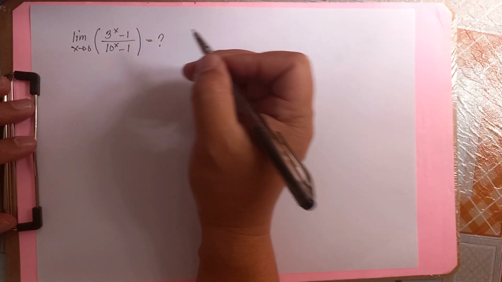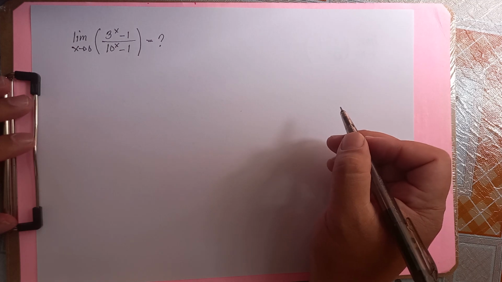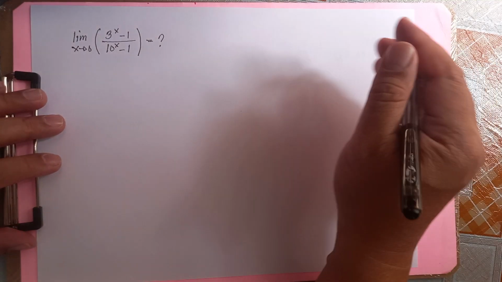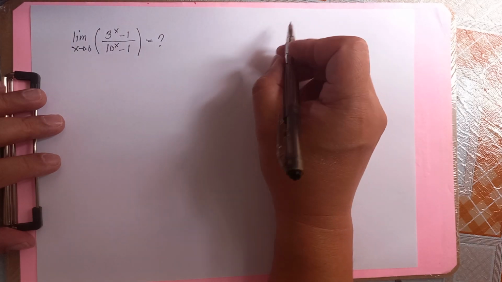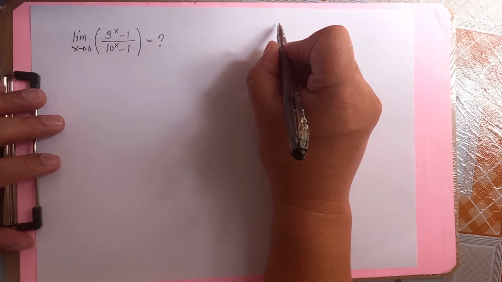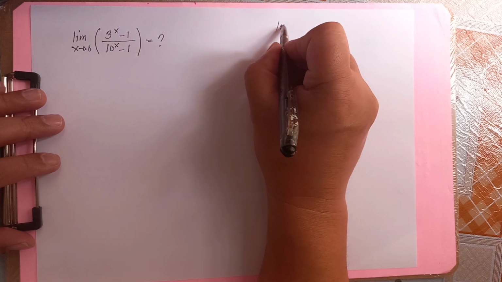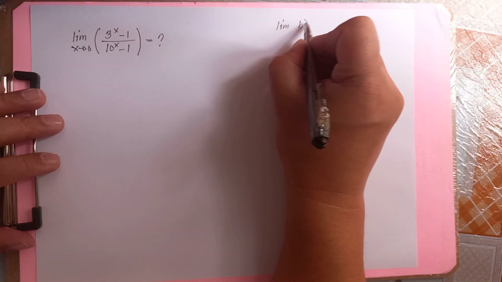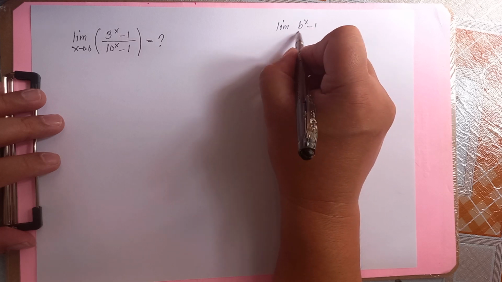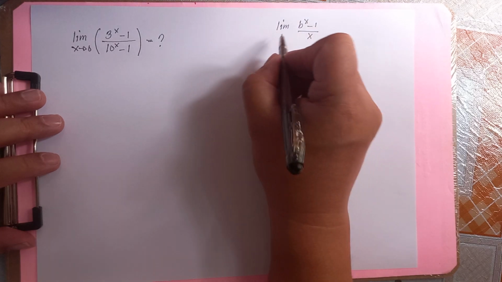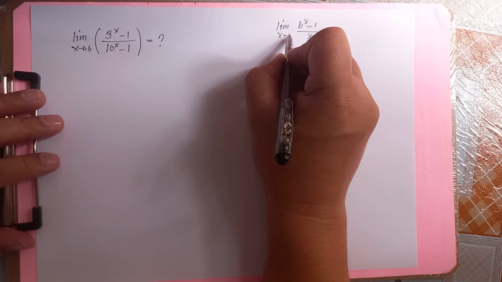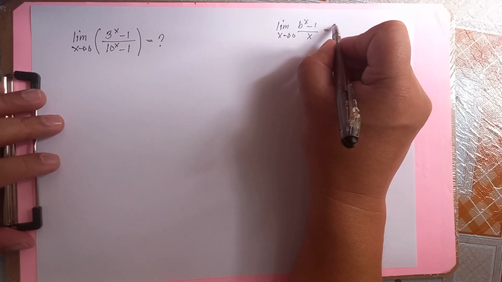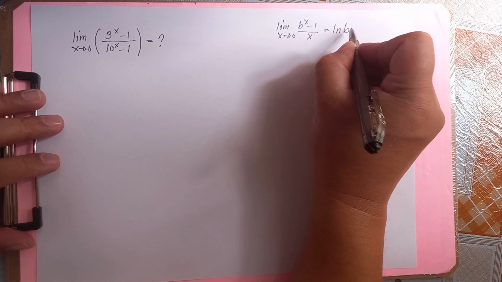When we are going to have the limit of the problem, we have to be reminded again of our theorem regarding the limit of the exponential function, which states that if we have this form, the limit of b raised to x minus 1 over x, as x is approaching 0, the result will always be the natural number b.